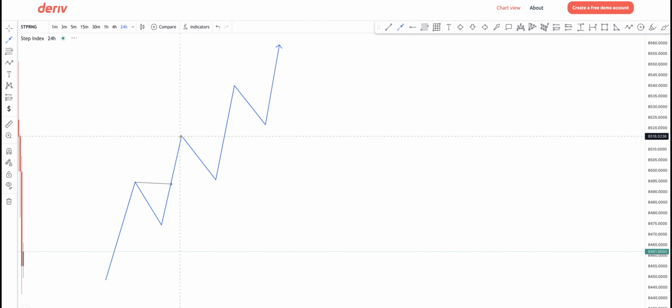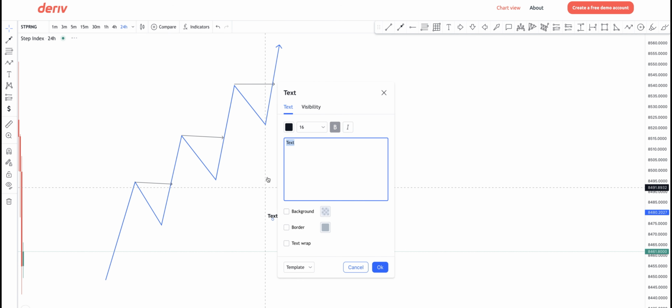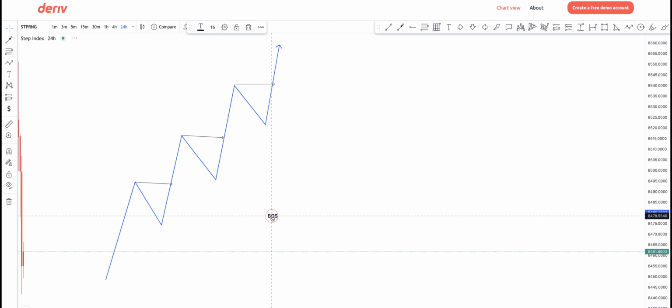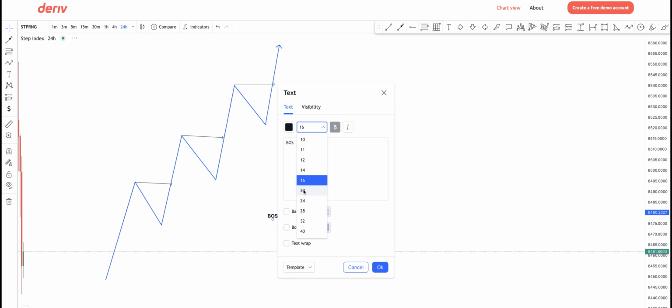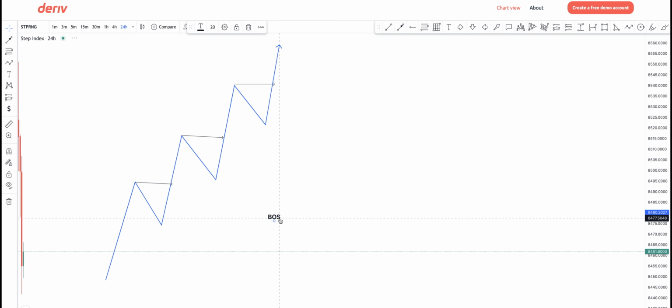This new high has also broken the previous high, and this one too. So we now term this point a break of structure, others name it in short form as BOS.